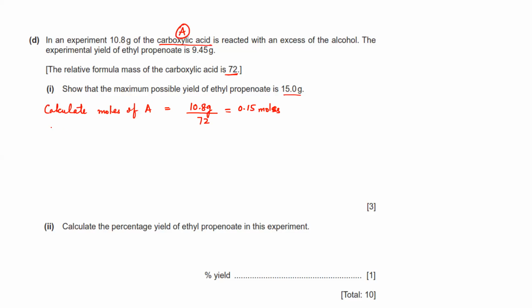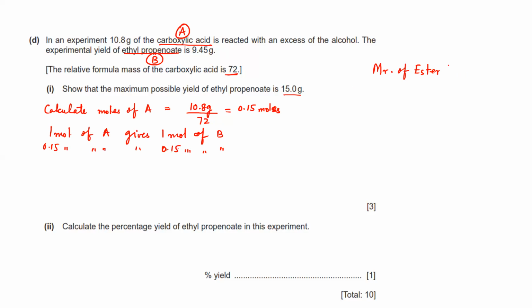So 1 mole of A gives 1 mole of, let me call it ethyl propanoate B. Okay, so 0.15 mole of acid will give 0.15 mole of B.